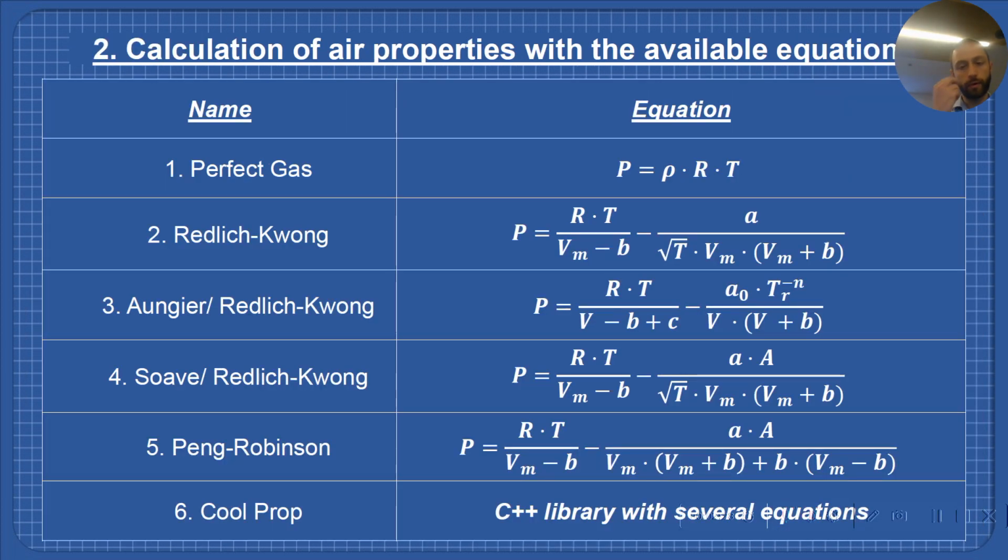So we used these equations to calculate the properties of air in the desired range. Only for the 6th model, CoolProp, we didn't create the equation because it is a C++ library with several equations. So we just used the online calculator of CoolProp, which created the software.